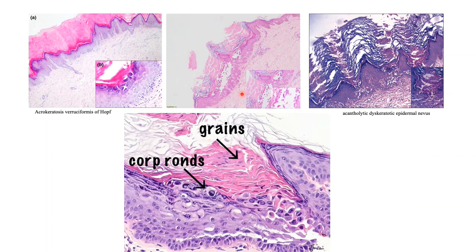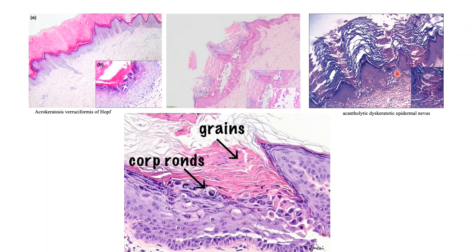Here, comparative microscopy pictures are seen with acrokeratosis verruciformis of Hopf and acantholytic dyskeratotic epidermal nevus with Darier's disease. The features of the various diseases we just discussed. In acrokeratosis verruciformis of Hopf, we will see hyperkeratosis, hypergranulosis, acanthosis, and papillomatosis.